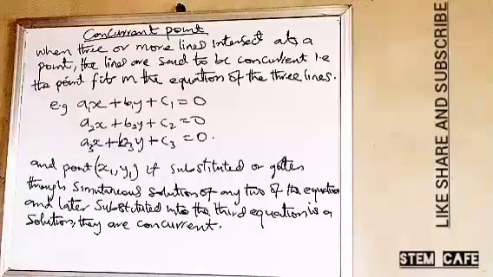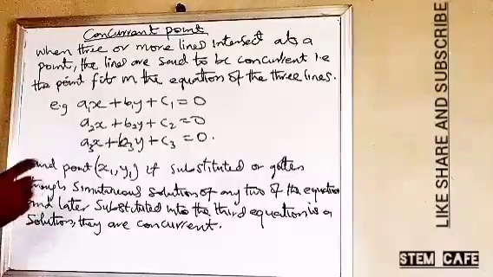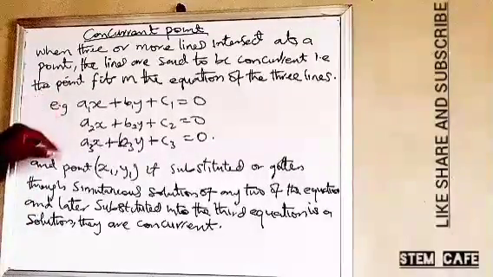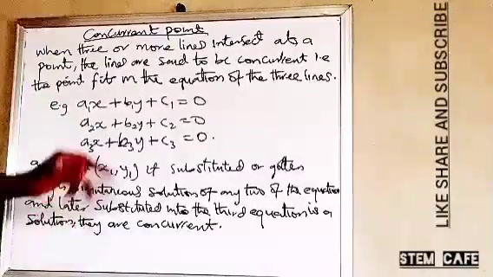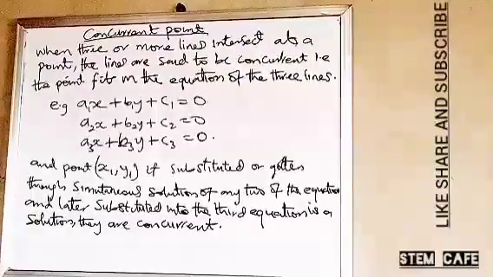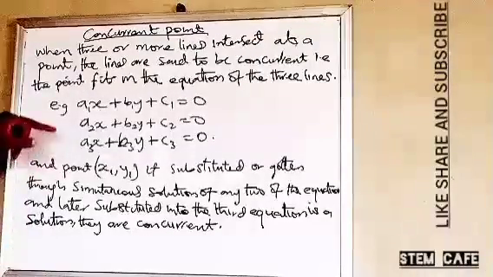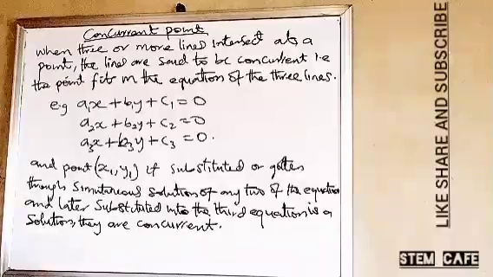For example, when we have the equations a1x plus b1y plus c1 equals 0, a2x plus b2y plus c2 equals 0, a3x plus b3y plus c3 equals 0, and the point x1, y1, gotten through simultaneous solution of any two of the equations, you use simultaneous equations to find the point of intersection of any two, and later substitute into the third equation. If it is a solution when substituted into the third equation, they are concurrent. That is, they all meet at that point.